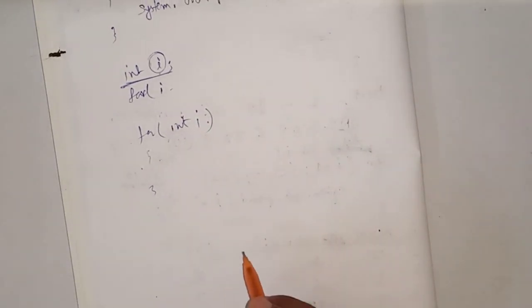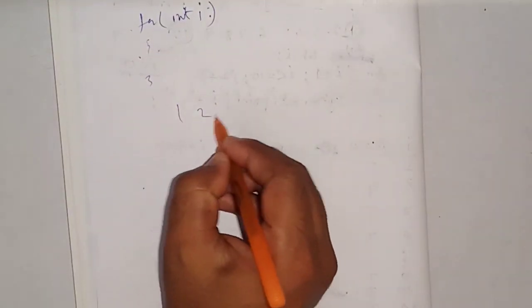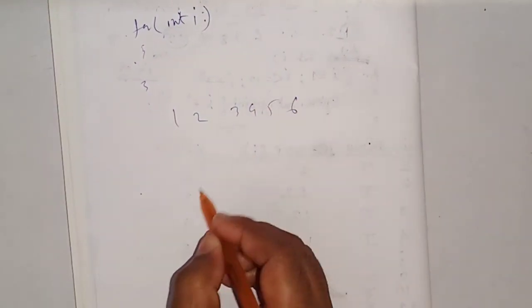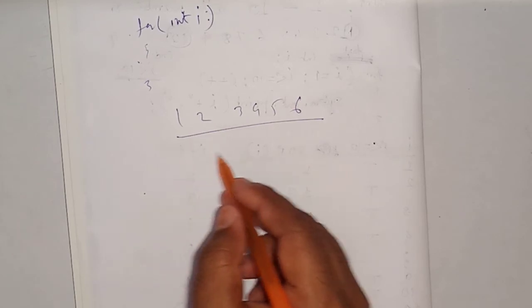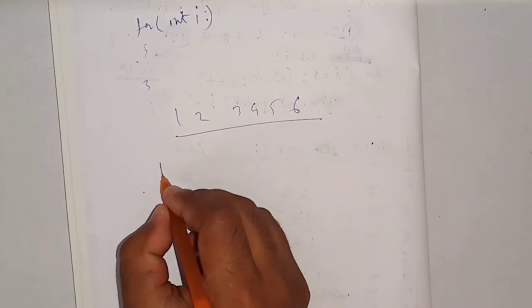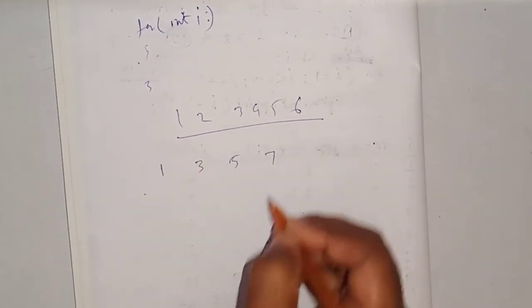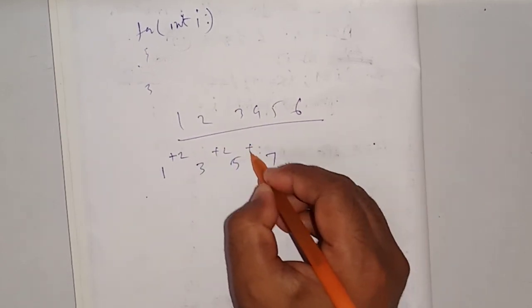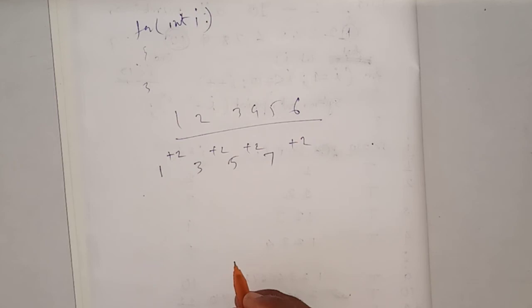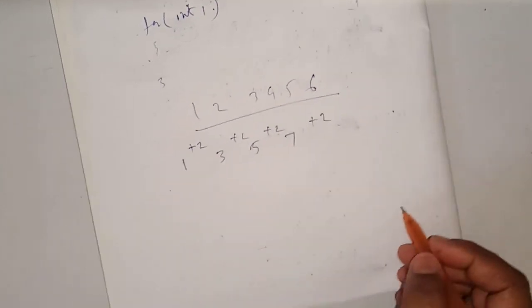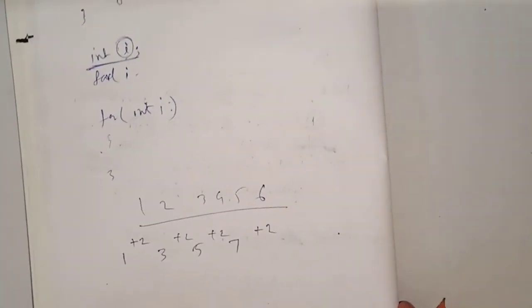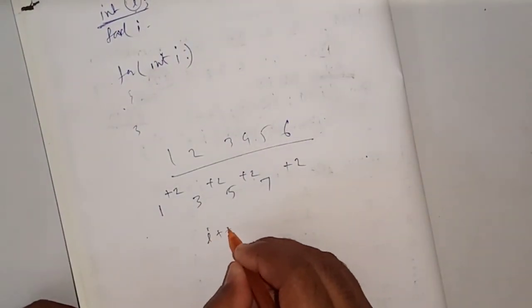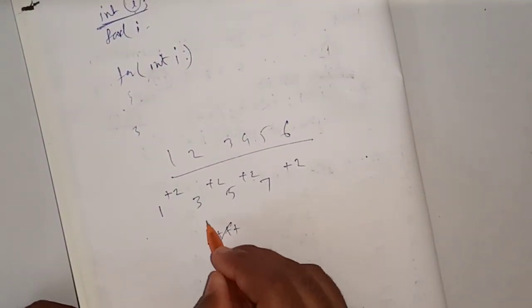Okay, now you are printing values 1, 2, 3, 4, 5, 6 sequence-wise. If the sequence is broken, suppose 1, 3, 5, 7, the increment value is plus 2, plus 2, plus 2, plus 2, this way. In this case the remaining portion is all the same. We cannot write I plus plus plus, this is totally wrong.